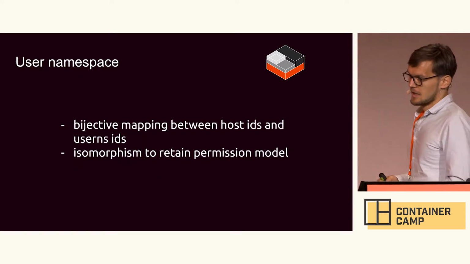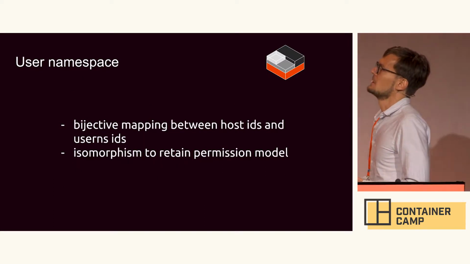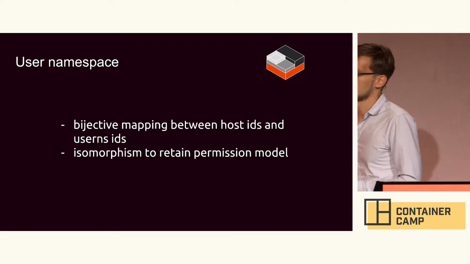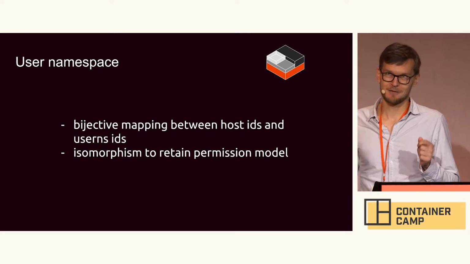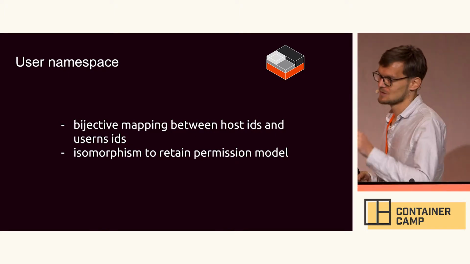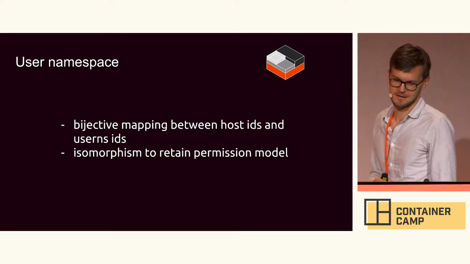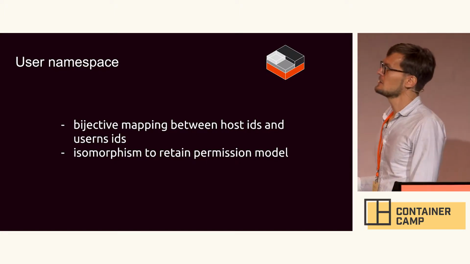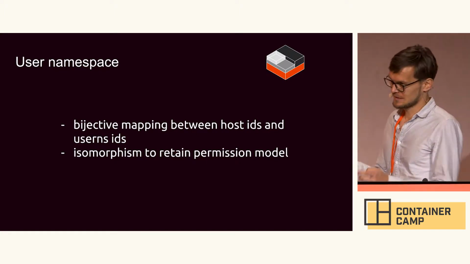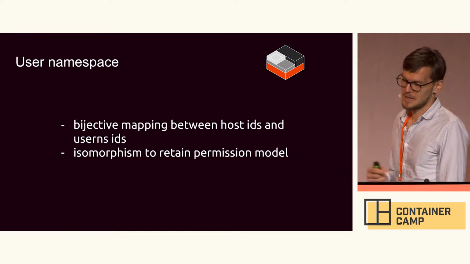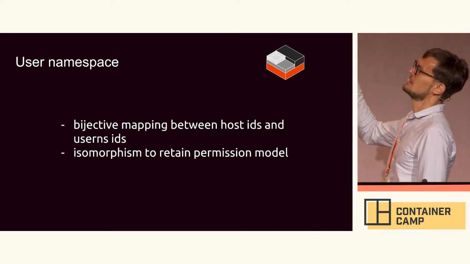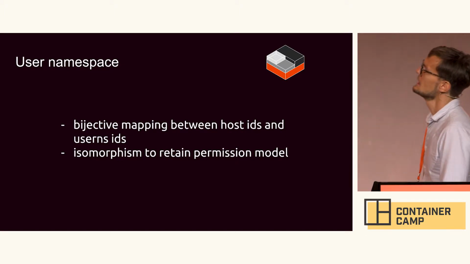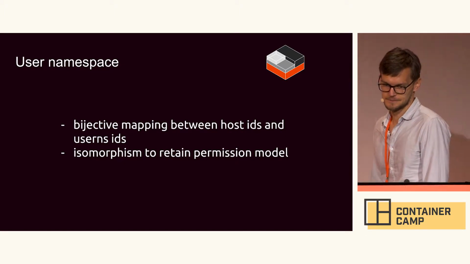Yup. The way this is essentially done from the kernel's perspective is that you establish a bijective mapping such that you choose a set of user namespace IDs and a set of unprivileged host IDs of equal size, and then you define a function such that each user namespace ID is uniquely mapped to exactly one host ID.